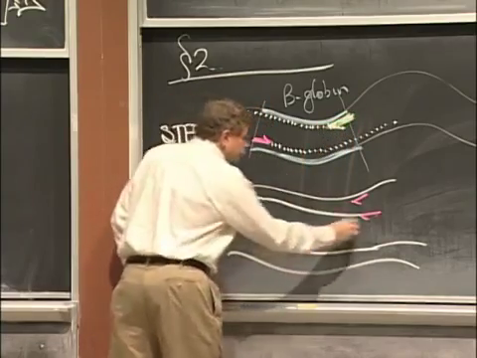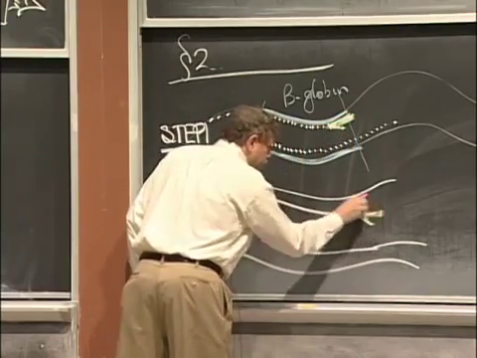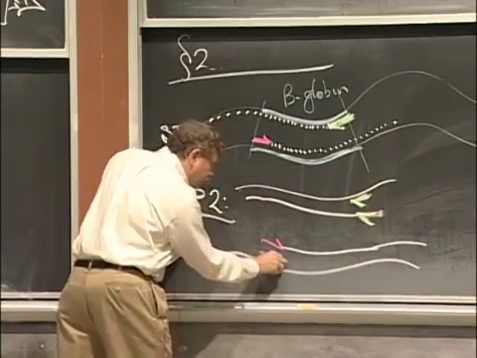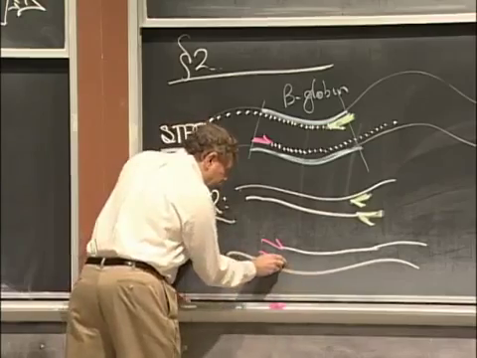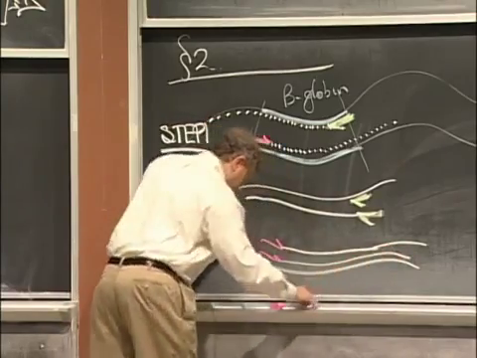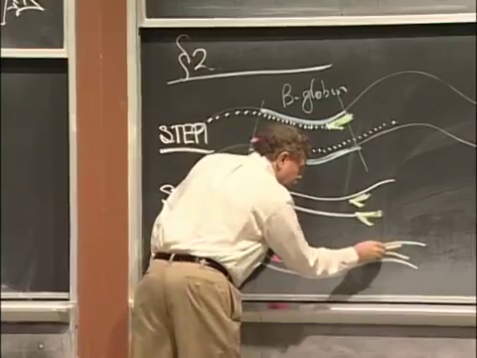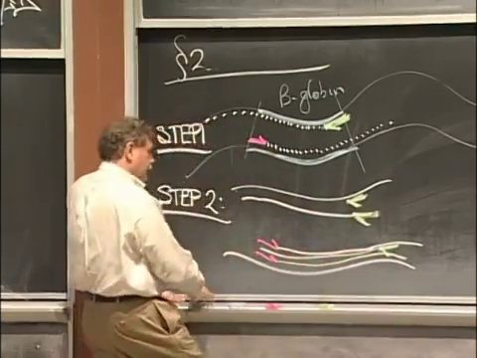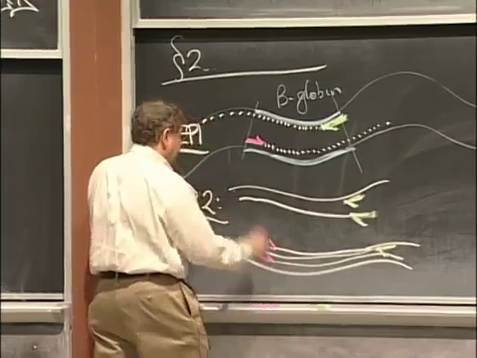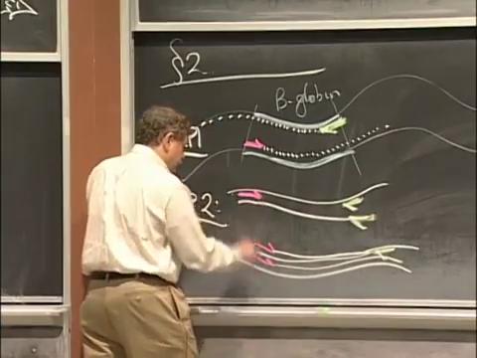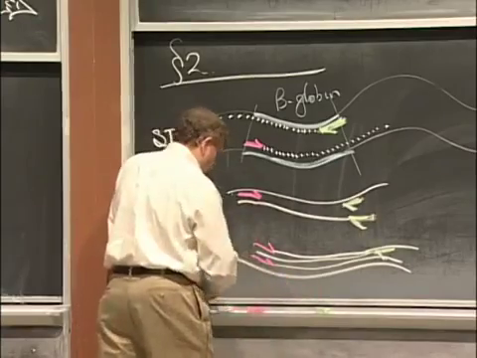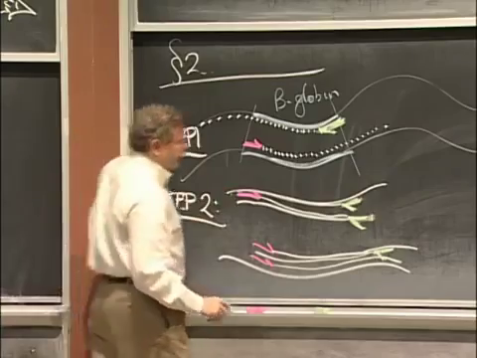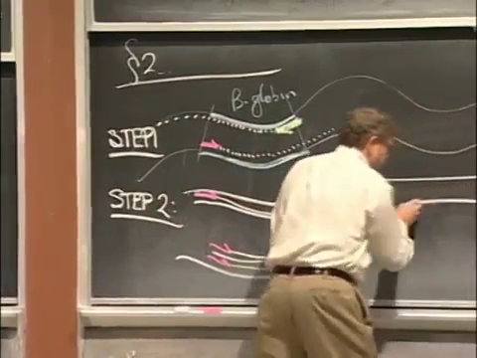There we go. So now what will happen is this primer goes here. This green primer goes here. This guy sits down here. And this guy goes like that. Well, that didn't come out very good. I'll just draw it a little more clearly here.